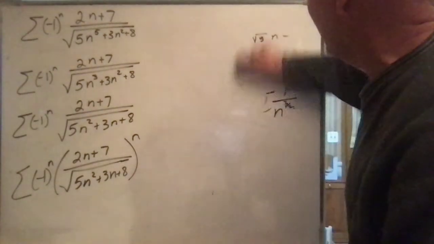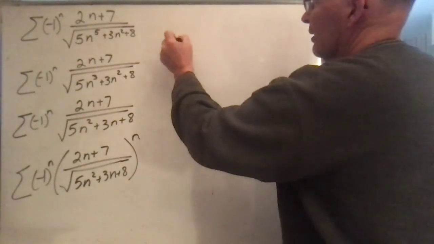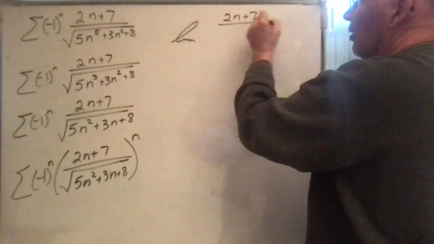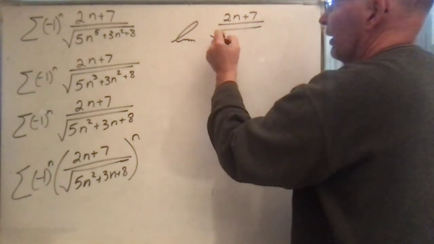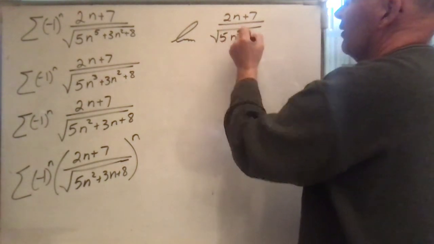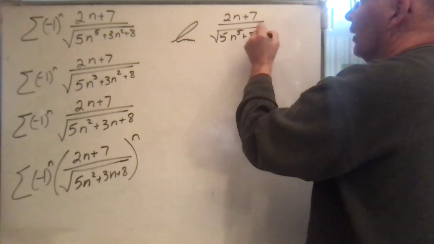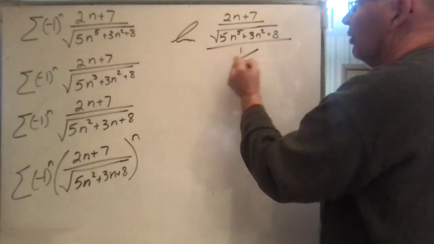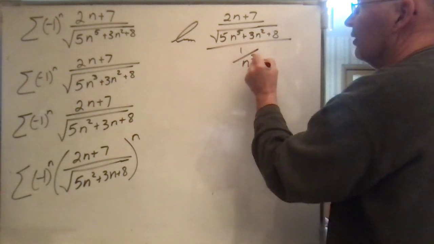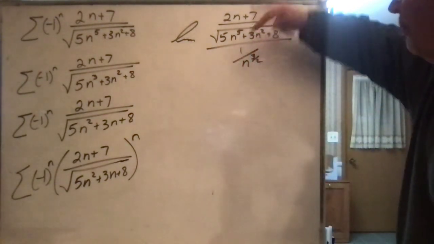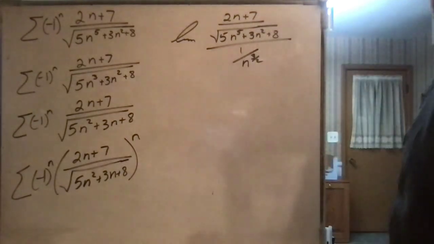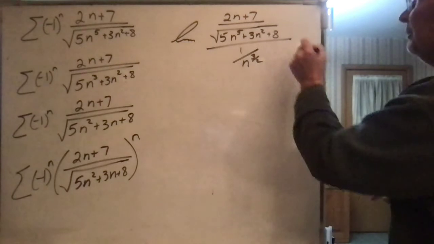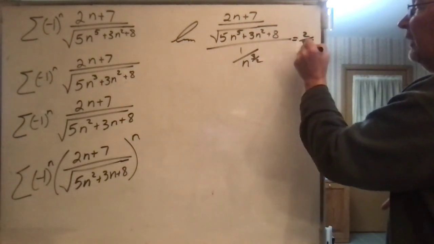So the way you would actually prove it is by taking these things right here, 2n plus 7 over this whole thing right here, 5n to the 5th plus 3n squared plus 8, and then you compare that with 1 over n to the 3 halves. And so now you just flip this up and you divide both the top and the bottom by n to the 5 halves, and you're going to get 2 over the square root of 5.